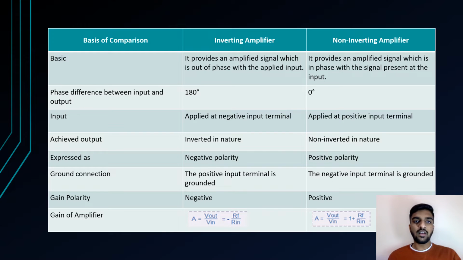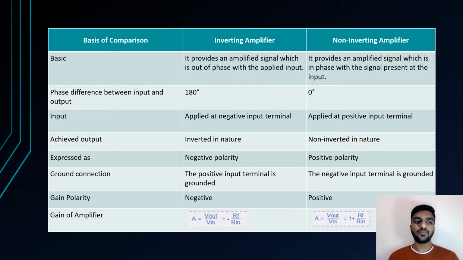In an inverting amplifier, it is expressed as negative polarity, whereas in a non-inverting amplifier, it is expressed as positive polarity. In an inverting amplifier, the positive input terminal is grounded, whereas in the non-inverting amplifier, the negative terminal is grounded. The gain polarity in an inverting amplifier is negative, whereas the gain polarity in a non-inverting amplifier is positive.